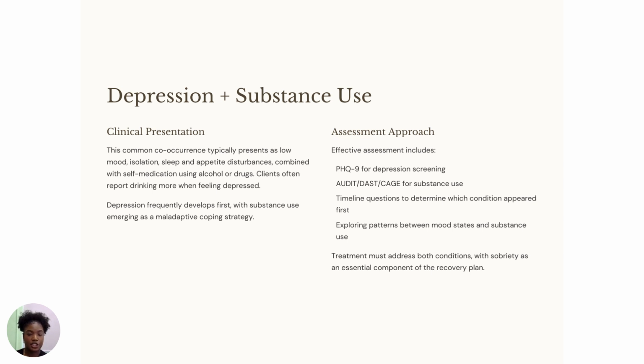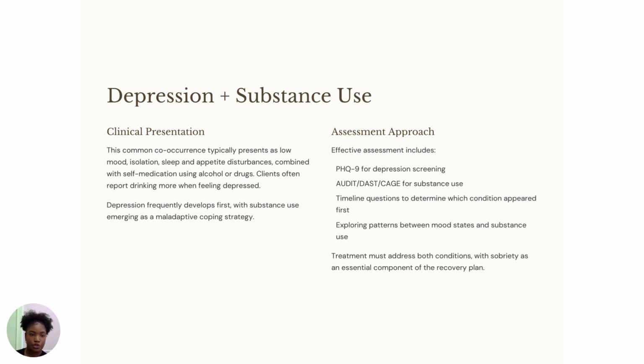So, as a clinician, think about your approach. An effective assessment will be to screen using the PHQ-9 and use another screener for substance abuse, like the AUDIT, the CAGE, or the DAST, and ask them timeline questions to determine which condition appeared first. Like, when did this first start?